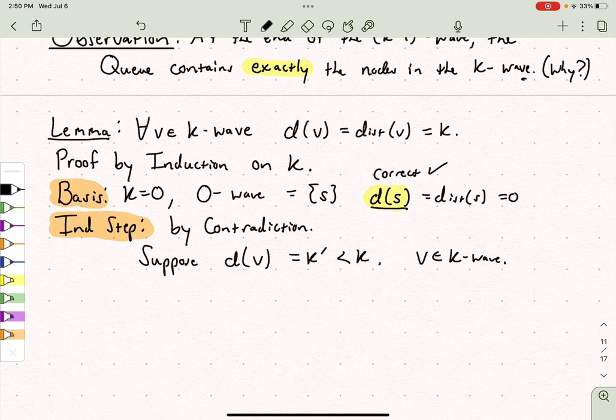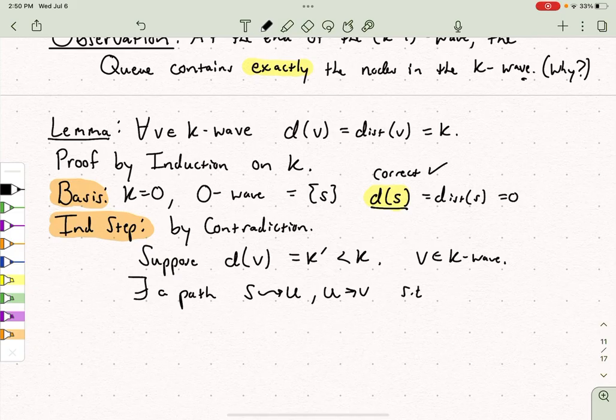Then in particular, there exists a path from S to some u and an edge from u to v such that the length of this path plus 1, the length of this whole path, is exactly equal to k prime.